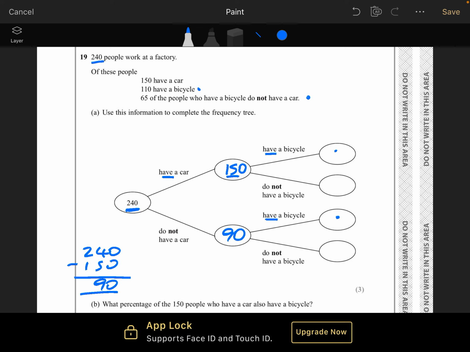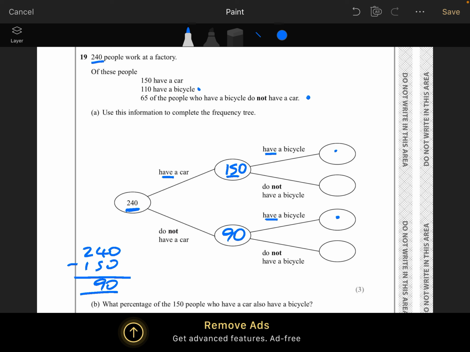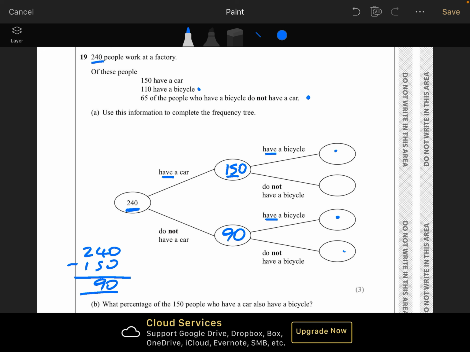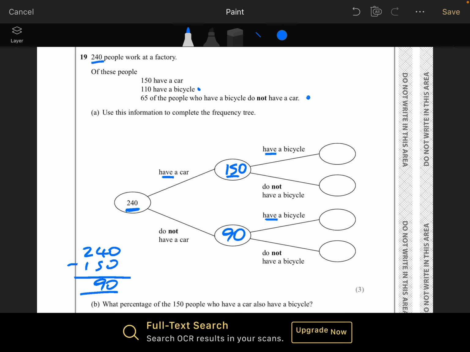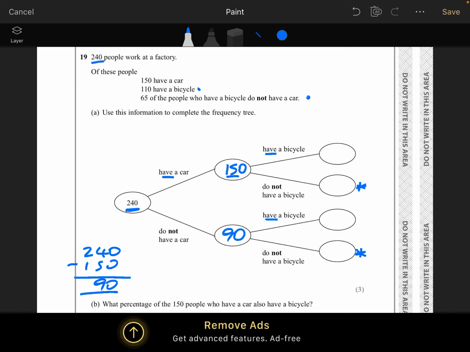Now, 65 of the people who have a bicycle do not have a car. So do not have a bicycle is, let's just rub these out until we're really clear about which ones. Do not have a bicycle is this one and this one.